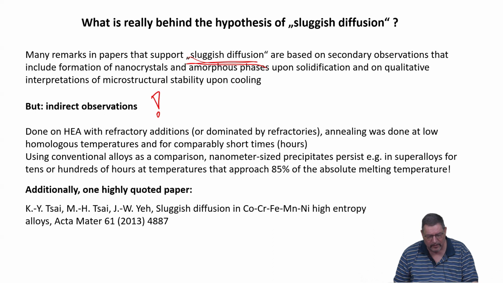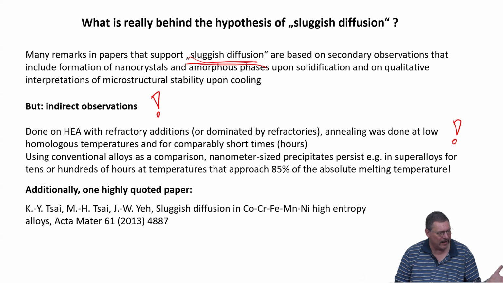Most of the time, because of the application relevance, these observations were done on high entropy systems which belong to the refractory high entropy systems family. So melting temperatures are very high. The investigations are normally done at temperatures where service temperatures are required or where facilities are available, meaning that the homologous temperature at which these tests were done is not so high.